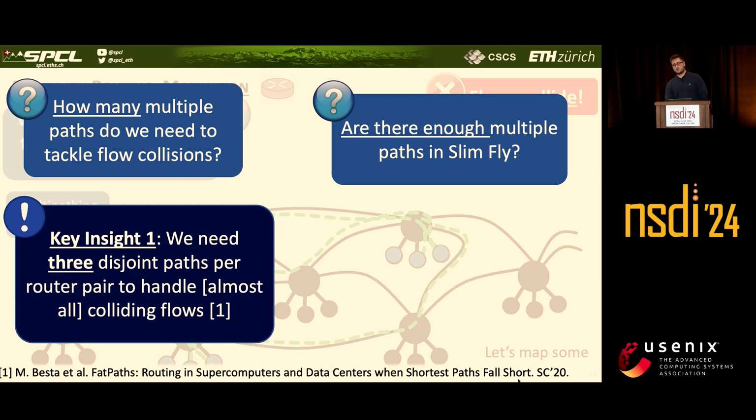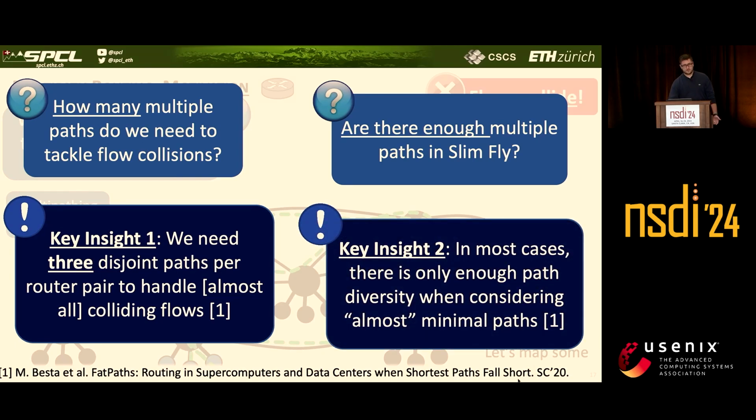But does this work in practice on SlimFly? The answer is no. Why? Because for most low diameter topologies, there's almost only a single shortest path. Meaning that if I do minimal path routing, or ECMP for instance, there will only be one shortest path, so everything will be sent along that shortest path. So what we need to do in practice is use this idea of almost shortest or almost minimal paths, which basically just means 1 hop longer than shortest.